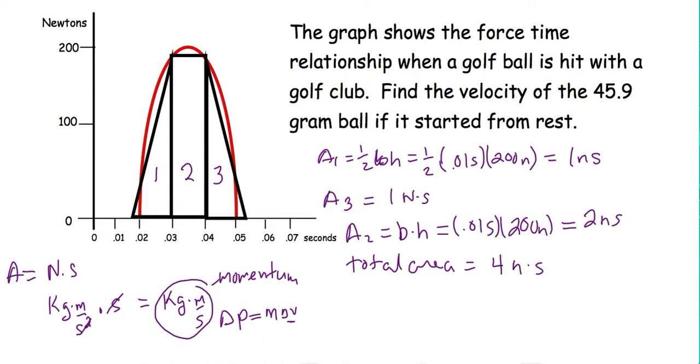Again, not really totally useful, but we have to go back to this idea. Change in momentum is change in velocity times the mass. So if I want to find the change in velocity, I'm going to take the change in momentum divided by the mass. Change in velocity equals change in momentum over mass.